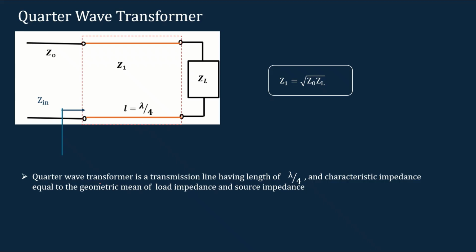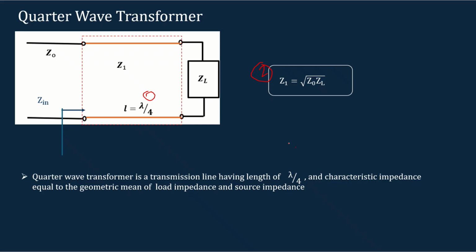So simply we can say that a quarter wave transformer is a transmission line having a length of lambda by 4 and a characteristic impedance Z1 equal to the geometric mean of the load impedance and the source impedance. If these two conditions, the length and the impedance, are satisfied, a transmission line can act as an impedance matching network between the load and the source.